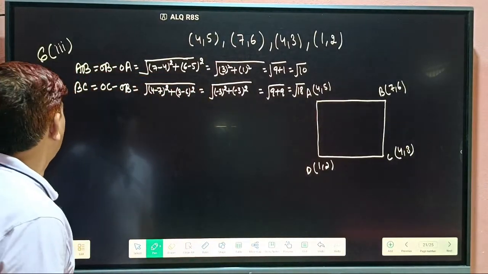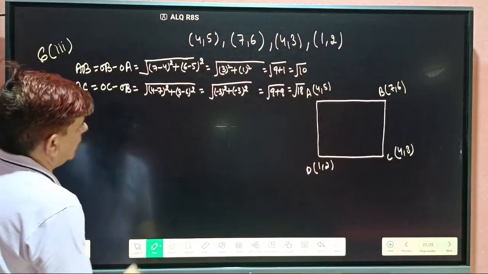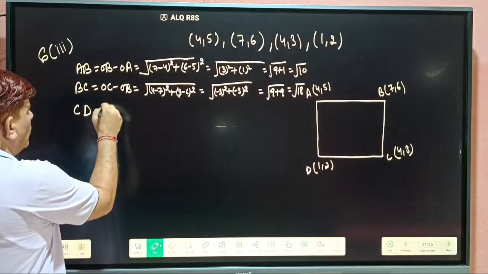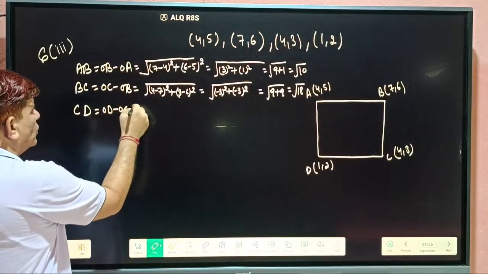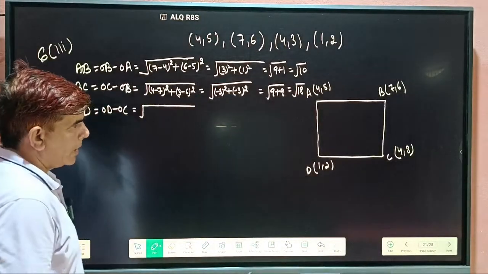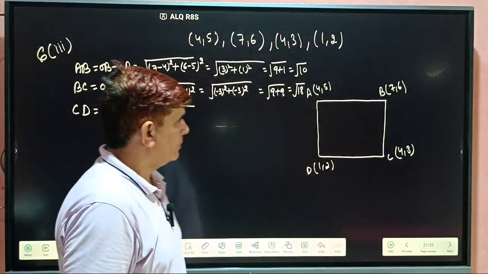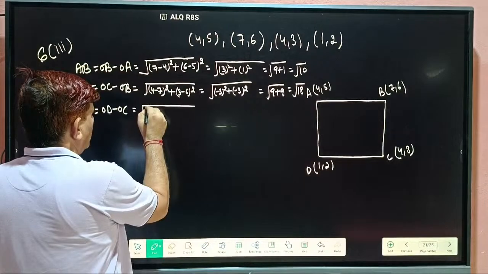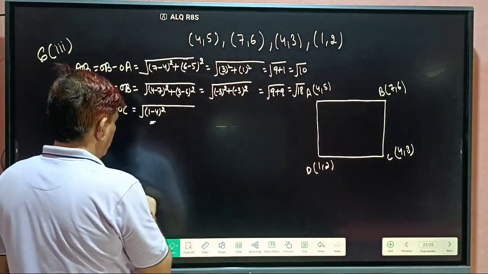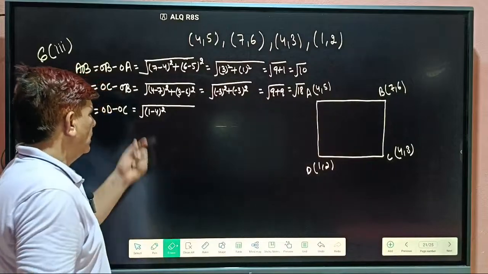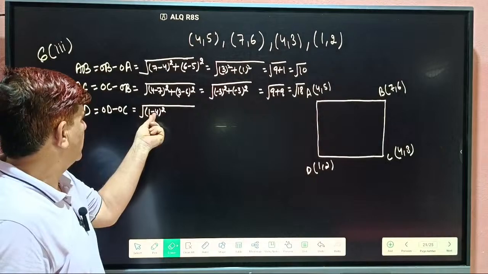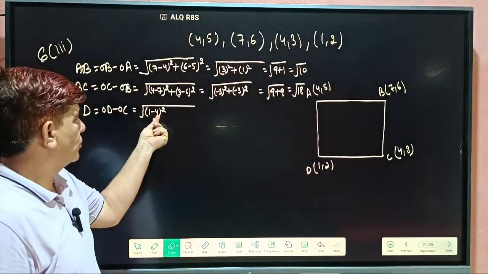AB, BC, CD equal to OD minus OC. Equal to this, OD: 1 minus 4. Why is 1 minus 4 written? I think you know: the x coordinate of D point and the x coordinate of C point.